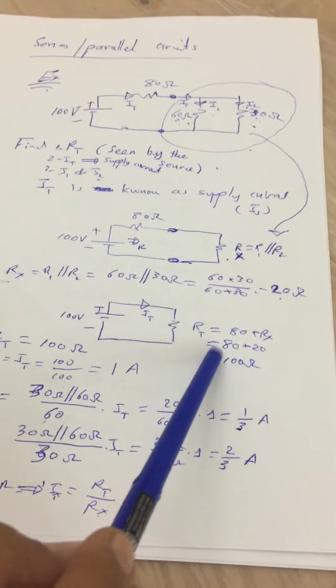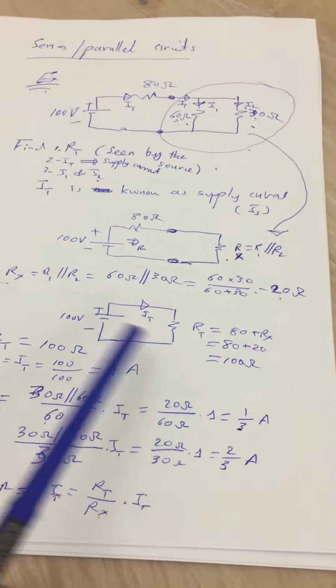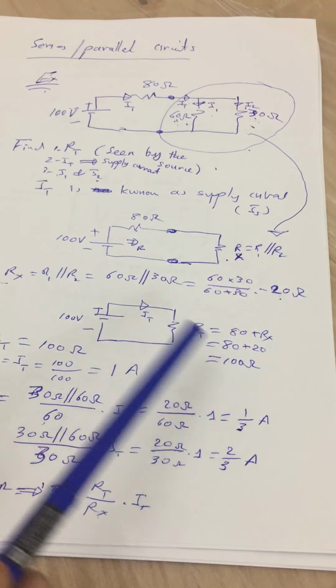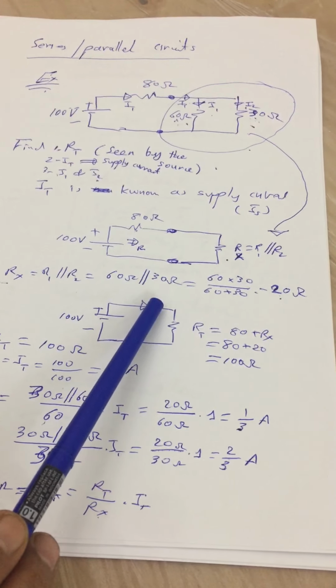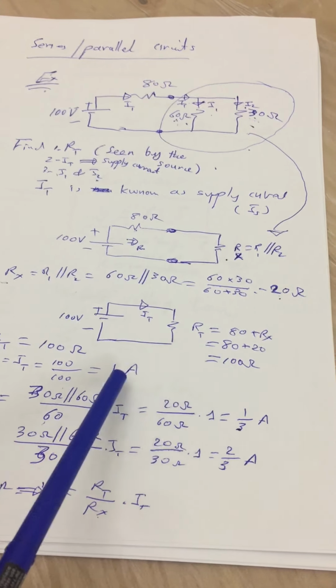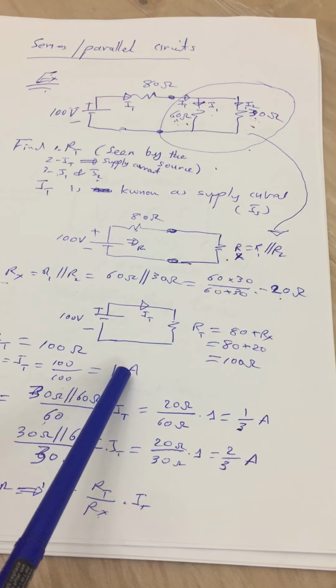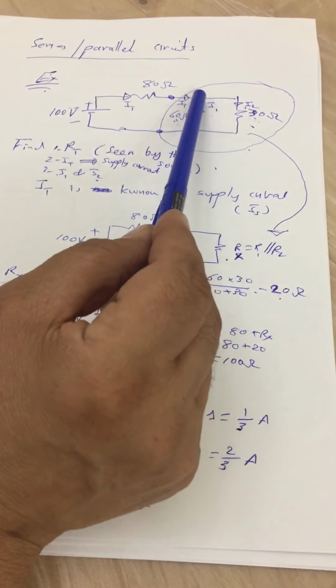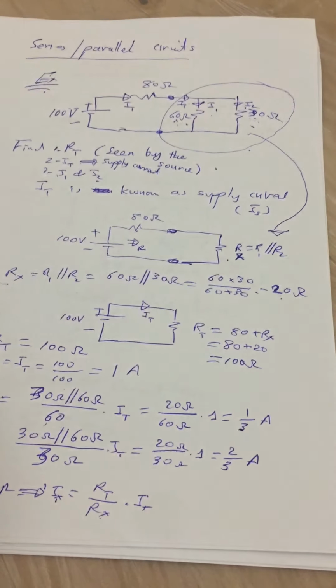That is the total resistance seen by the source. So the source sees a resistor of 100 ohms and will supply a current to it, which is 100 divided by 100, so we will get 1 amp. That's the supply current. Now this supply current will be divided into two currents, I1 and I2.